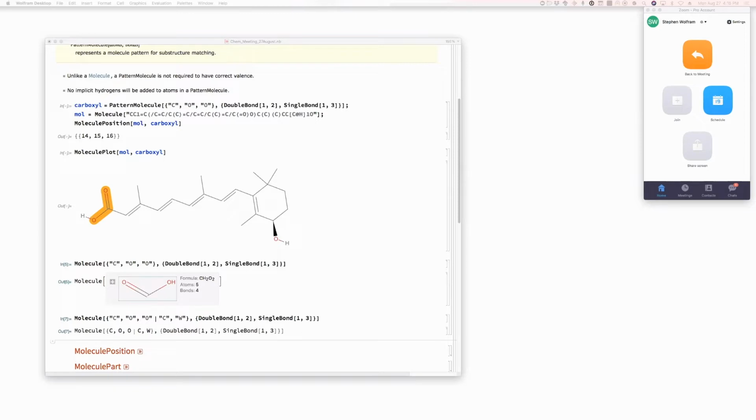There would just have to be a quick check to say, are you a pattern or are you a regular molecule, and to see which code path to go down. So using a separate head made it easier for me in writing the functions, but it's not absolutely necessary. Right, so it's wrong for users.